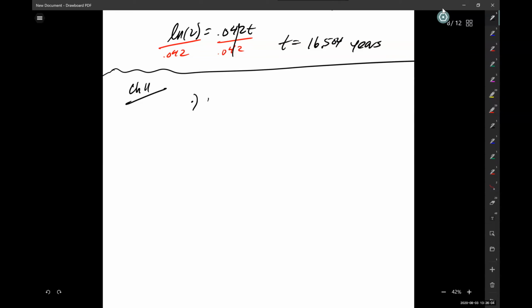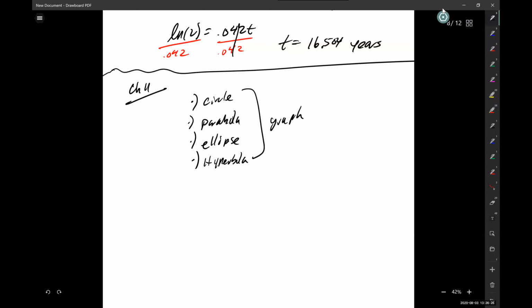So we have the circle, we have the parabola, we had the ellipse, and we had the hyperbola. So those are all the graphing things. And then we also had systems of equations.